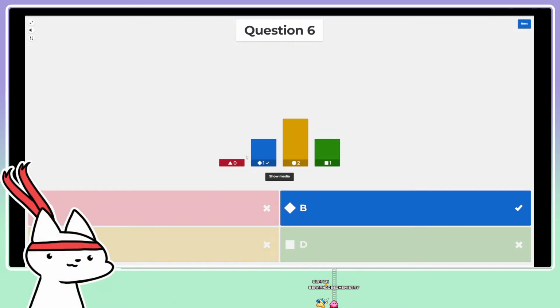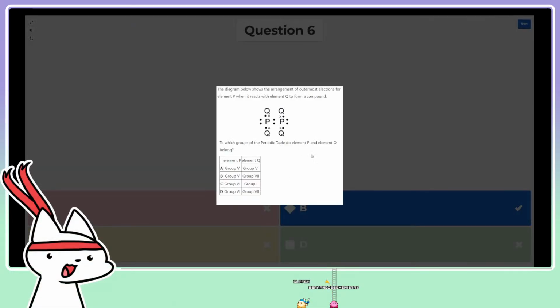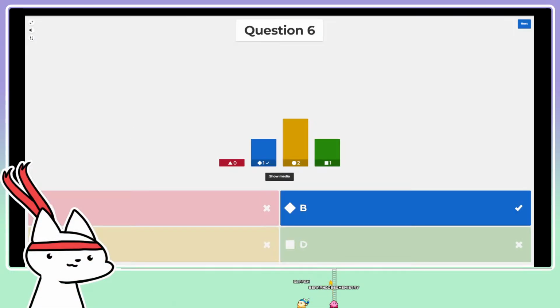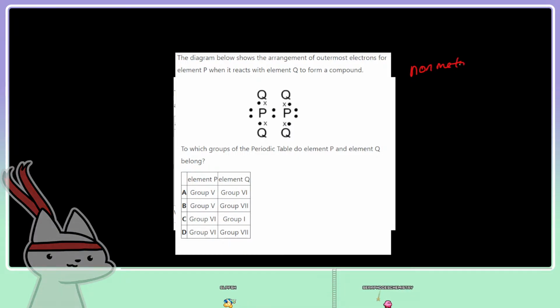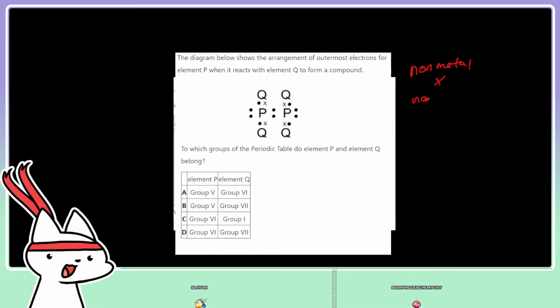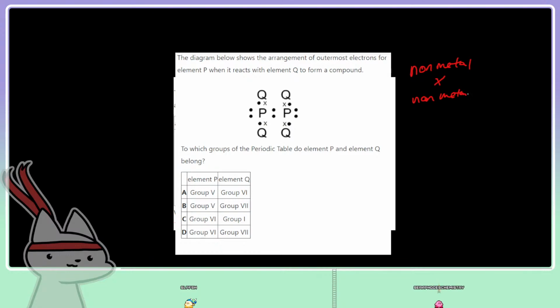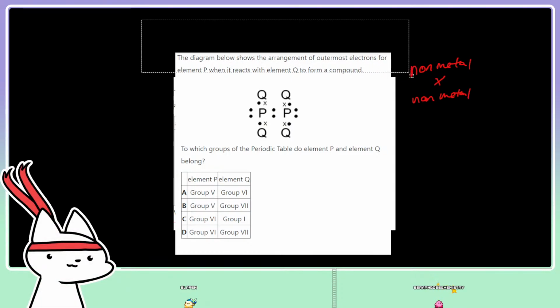Okay, this question as a whole is very tricky. The reason is, number one, this is a covalent compound. What's the definition of covalent? It has to be non-metal and non-metal.